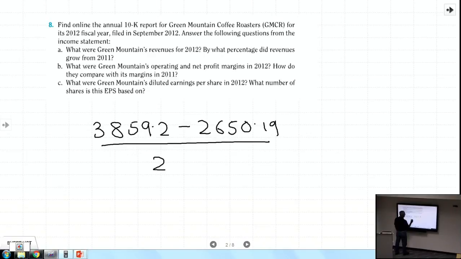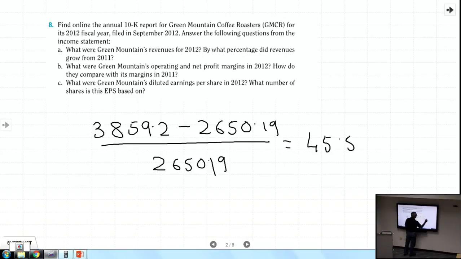End minus beginning divided by beginning. That's the formula we are using. And that gives us an increase in revenue of 45.58%. That's by how much the revenue increased.